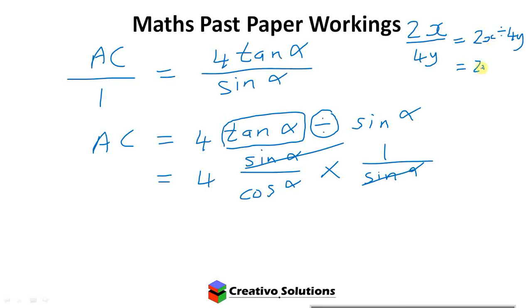So then you would have 2x times 1 over 4y, and then you can cancel. You can cancel this as is because you can see that that can cancel with that. But you can't do that with sine and tan. You've got to convert it. So that's why I've done that here. I've made tan sine over cos, and then I've written this divide there, and then I've just applied basic mathematics.